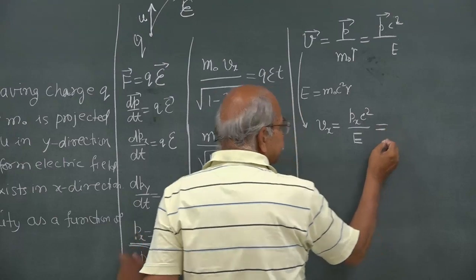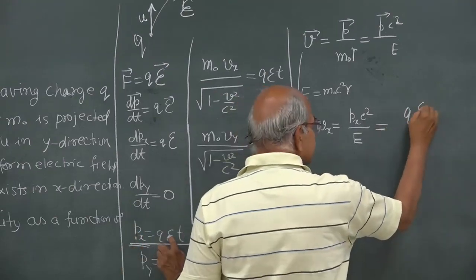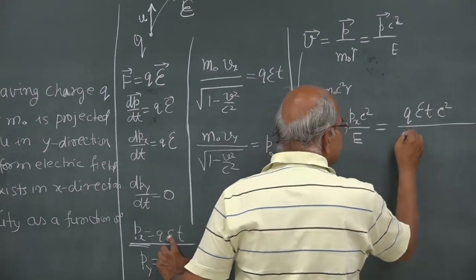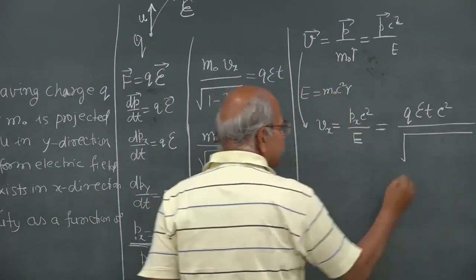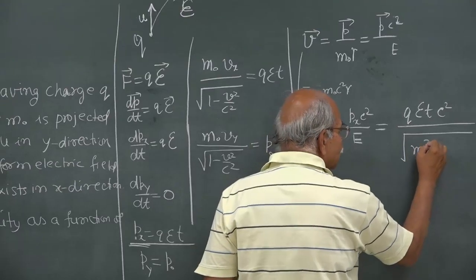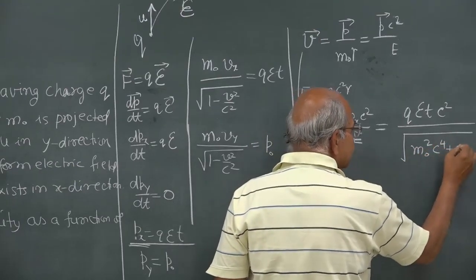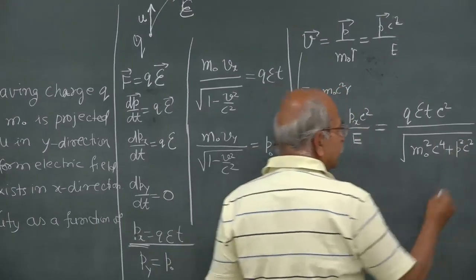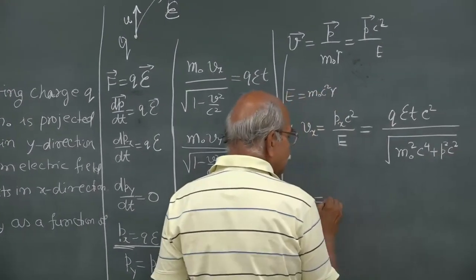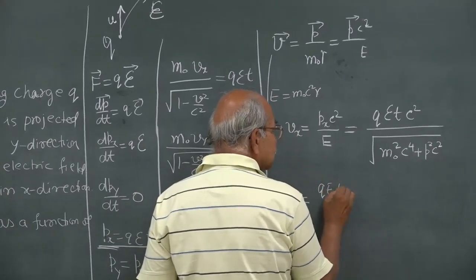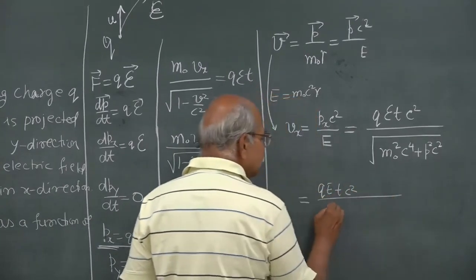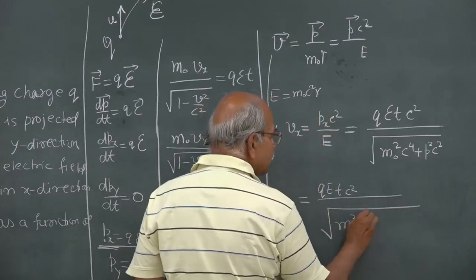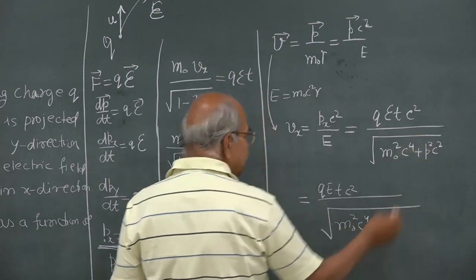So this will be Q and then E T c square divided by square root of m naught square c4 plus p square c square, and that is Qet c square divided by square root of m naught square c4 plus, what is p square?